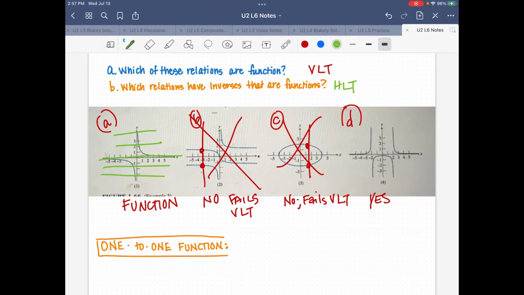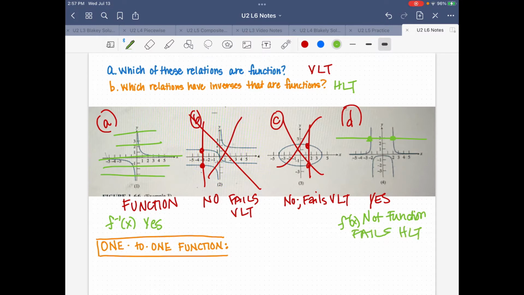So the inverse is also a function. All right, when I go to D, I do a horizontal line test, I can see that it crosses 2 points, so the inverse is not a function because it fails the horizontal line test.